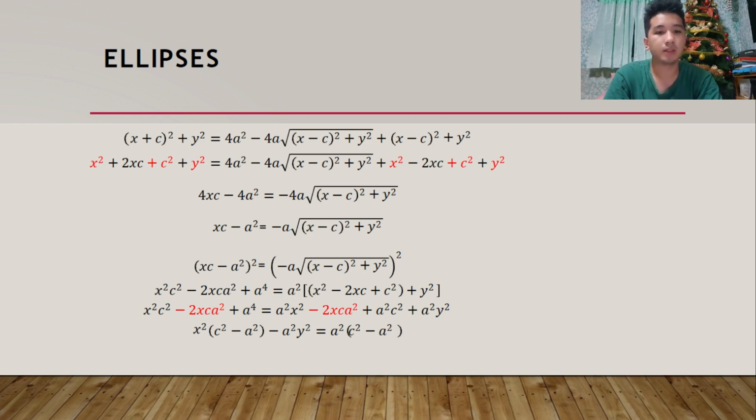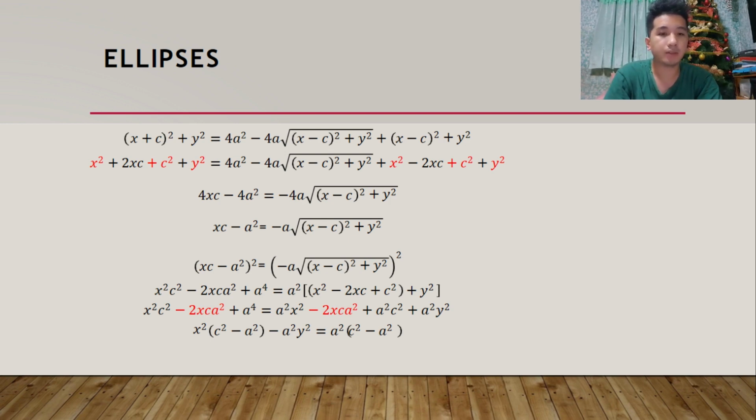x squared c squared minus 2xc a squared plus a to the fourth power equals a squared x squared minus 2xc a squared plus a squared c squared plus a squared y squared.